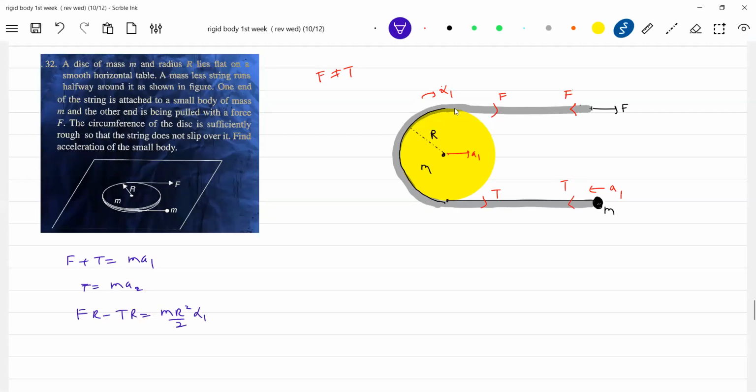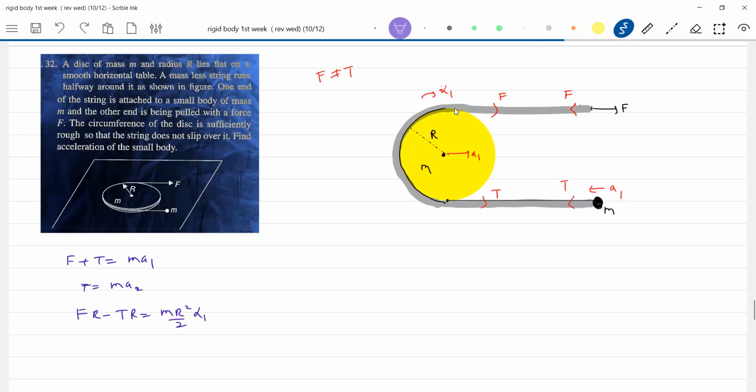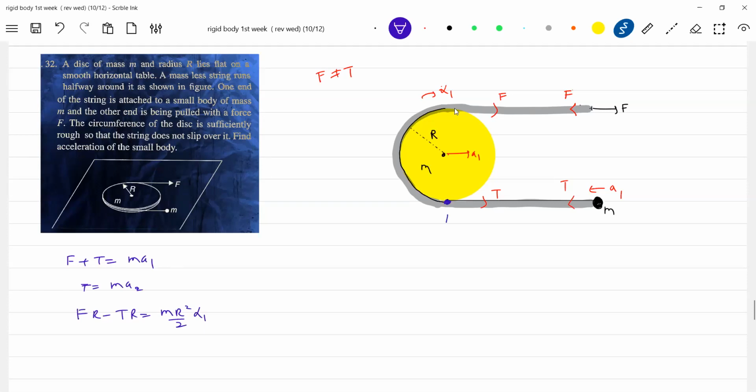Okay, now after this, any constraint equation can we write for this? How are accelerations related? So I'll directly take help of this point P. A1 and A2 are labeled as in the diagram.